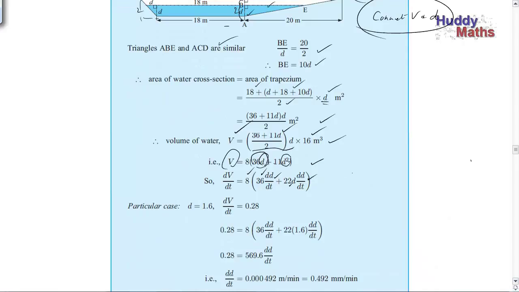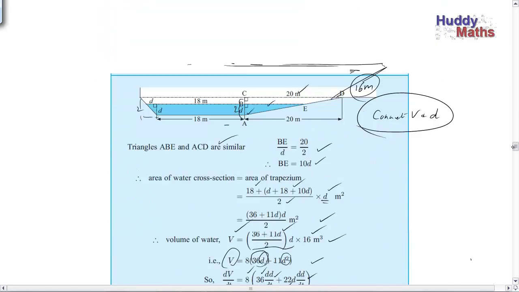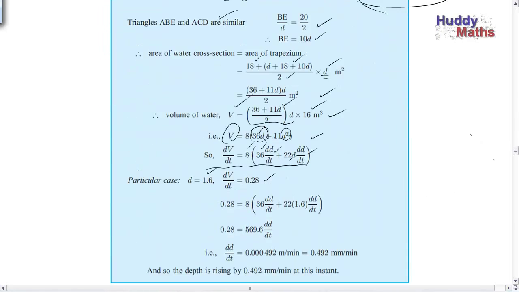So then we're ready now with our connection of our derivatives. The particular case we were given was d equals 1.6 metres, and this was a constant rate of 0.28 metres cubed. Let's just go back up, what were the units? 0.28 metres cubed per minute.